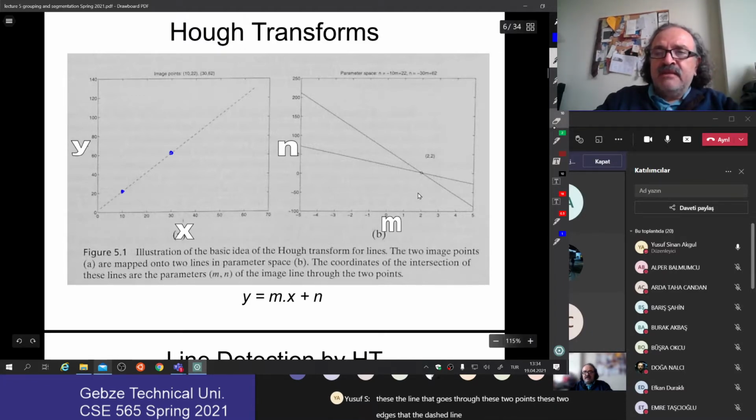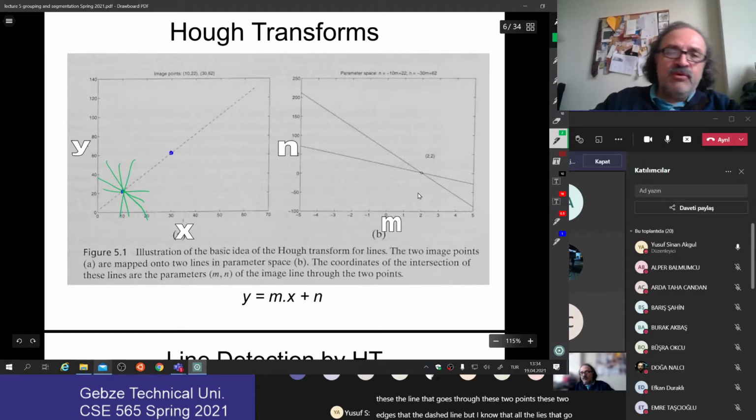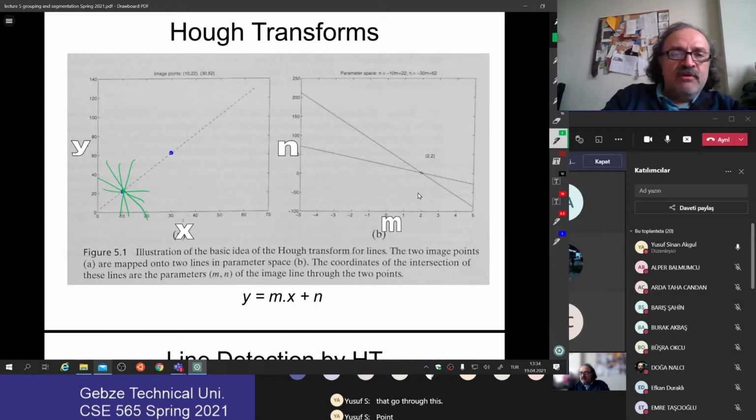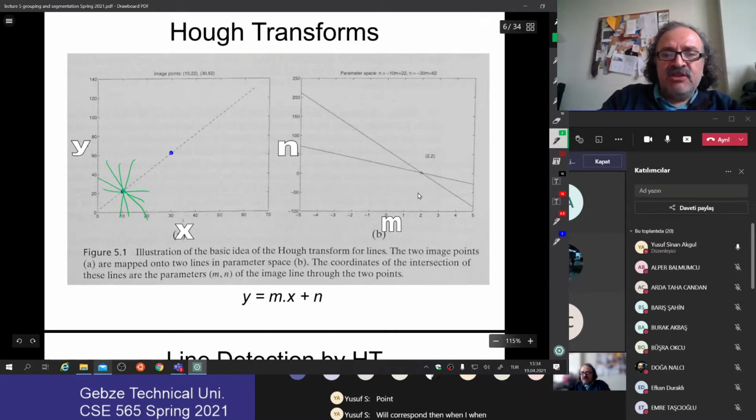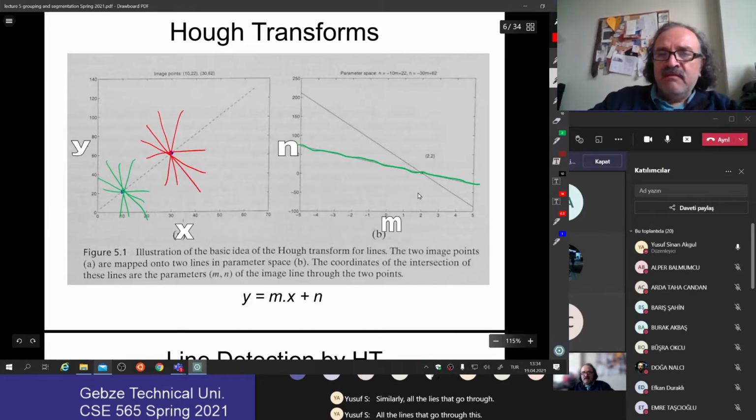But I know that all the lines that go through this point will correspond, when I write this equation, to this line in the mn space. And similarly, all the lines that go through this point will correspond to this line in the mn space, and their intersection is (2, 2).